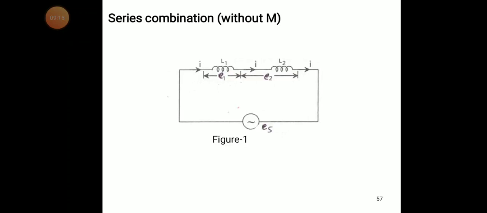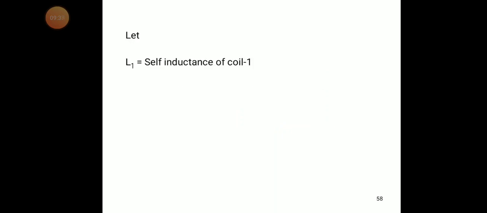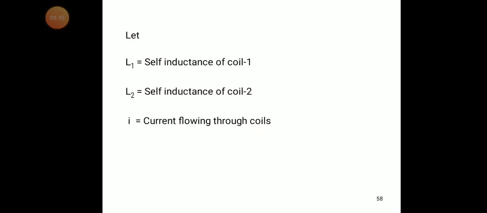Next, we try to include the mutual inductance. We apply an energy source, a voltage source ES. This connection is in series, so the current is the same, and the induced EMF is E1 for the first coil and E2 for the second coil. L1 is the self inductance of coil 1, L2 is the self inductance of coil 2, I is the current flowing through the coils, and Ls is the total inductance of the series combination.